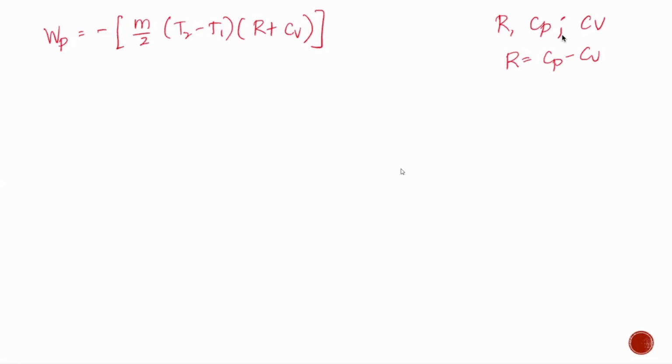So, kung diderive ko to, R plus Cv is equal to Cp.